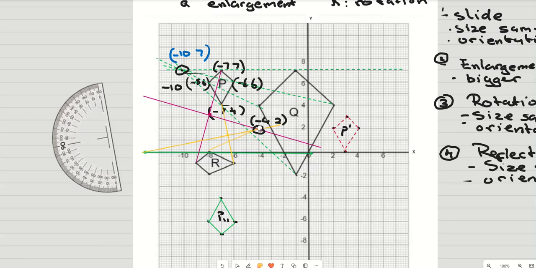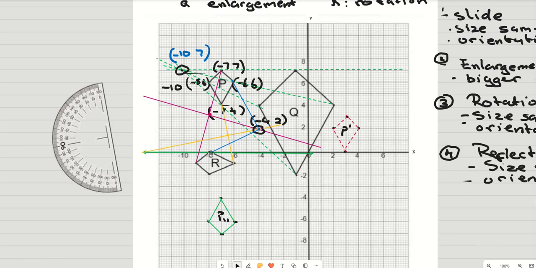So we're going to draw that line to here. Let's put that as blue, because I didn't use blue. That line to here, and then you're going to draw the next line. And you're going to connect the corresponding point of that first line there, not to the 90 degrees, to the center of rotation.